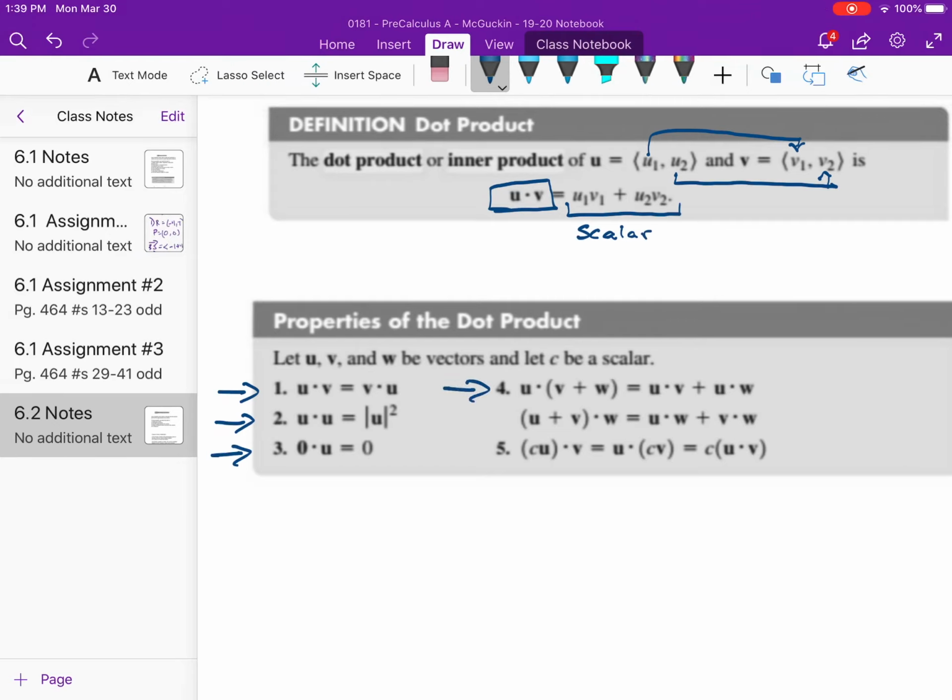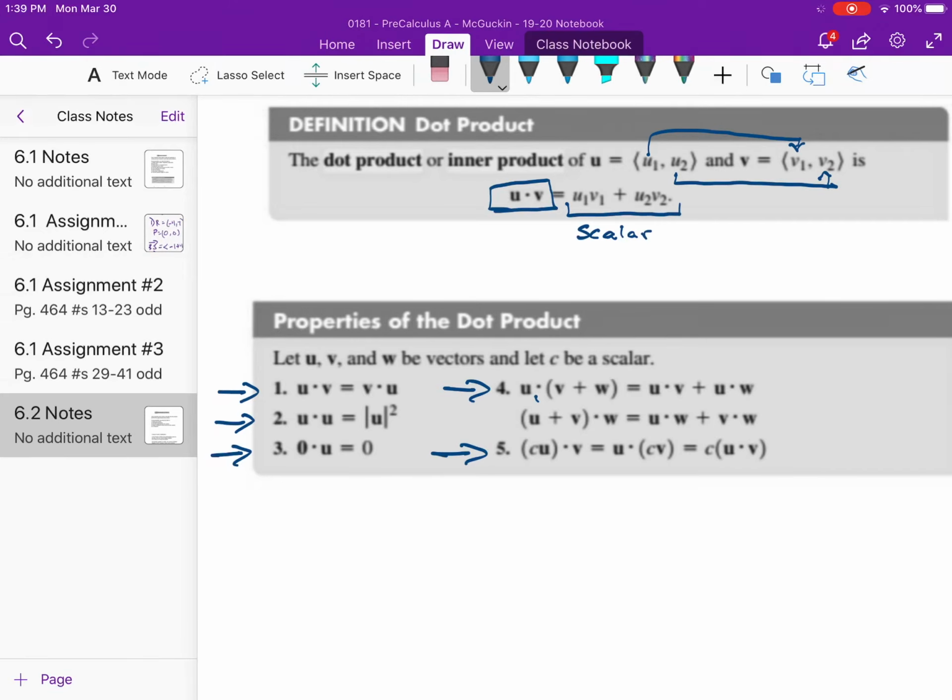Your distribution property is very similar to how our distribution property is with anything else. u dot the quantity v plus w would be the exact same thing as u dot v plus u dot w.